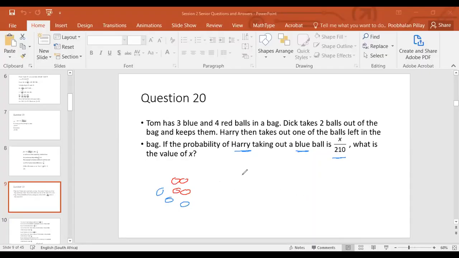Okay. Now just remember what probability is. Probability means the number of successes. Successes means, for instance, taking out a blue ball. That's called a success over the total, right?